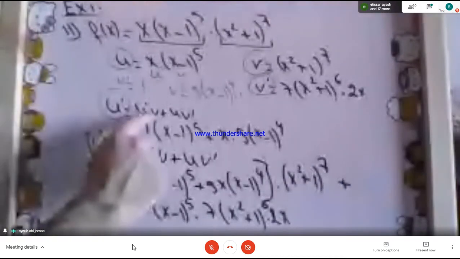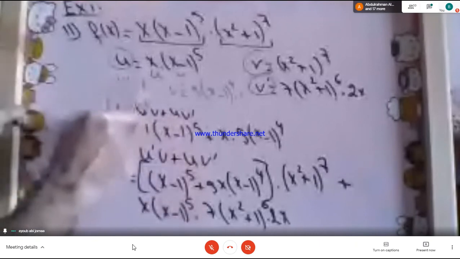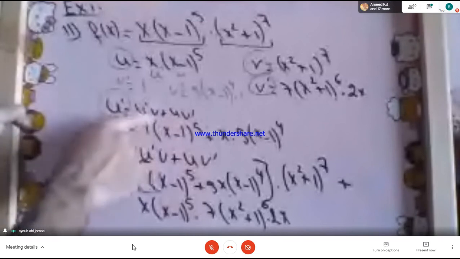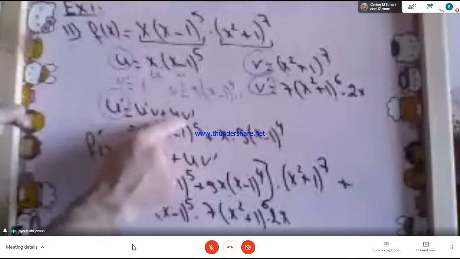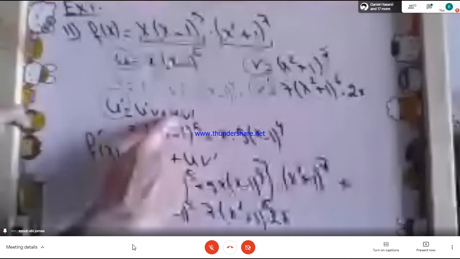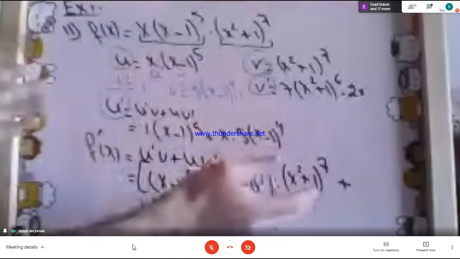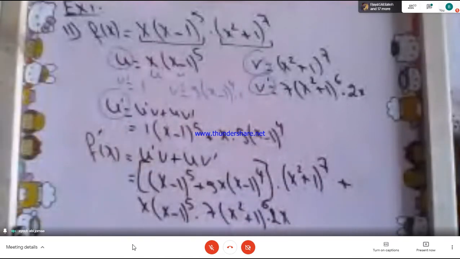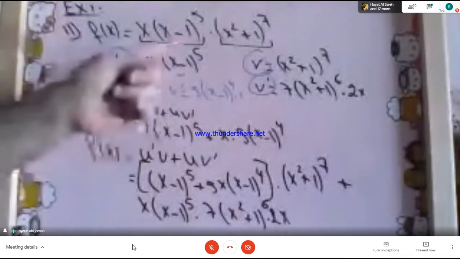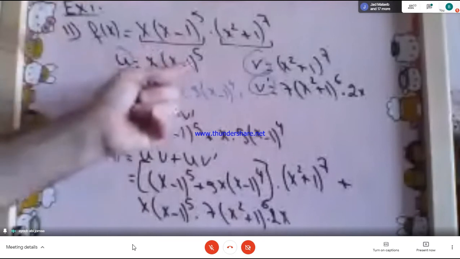No, because where is the rule? u prime v plus u v prime. The first term is u prime times v, which is 1 times v. But in the second one, it's u times v prime. u is x, so I have to leave it as x. It's not that the derivative of x is 1, so I put 1 and leave everything else. No. Saying 5 into x minus 1 to the power 4 means you are deriving x and also deriving x minus 1 to the power 4.